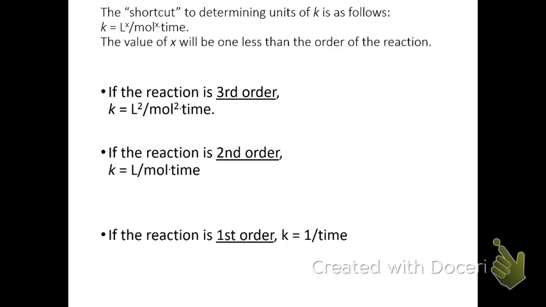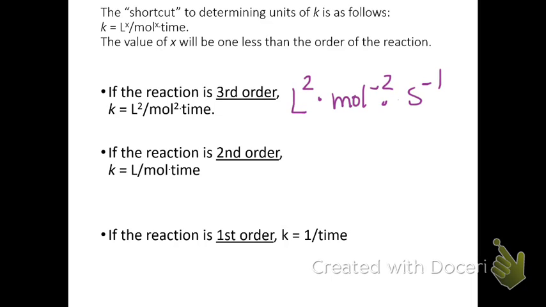Now, the shortcut way, which is the best way, is that whatever your overall reaction order is, your units are going to be one less than that for your molarities. In that case, the overall order was third order, so I would write it like this: liters squared times mole to the minus 2 times second to the minus 1.